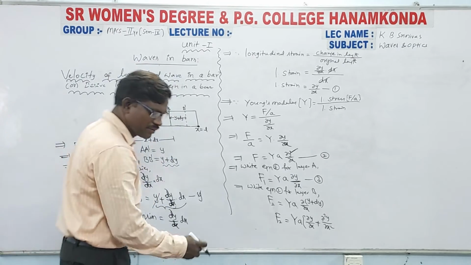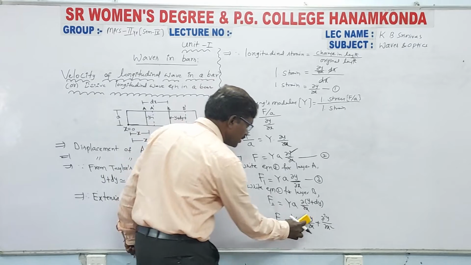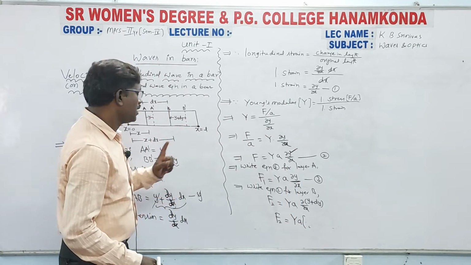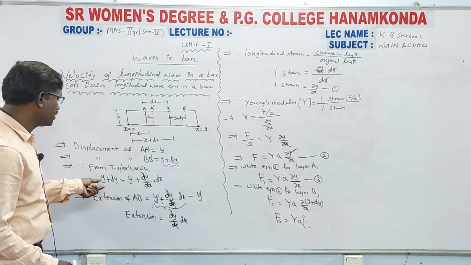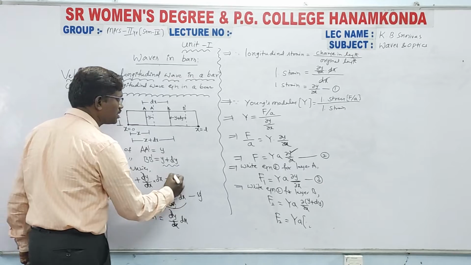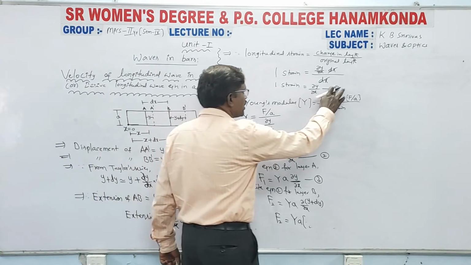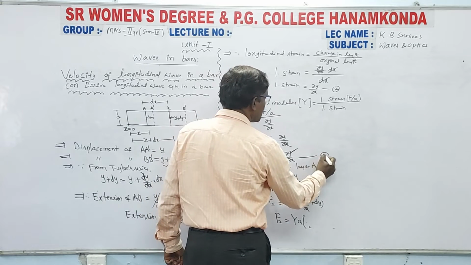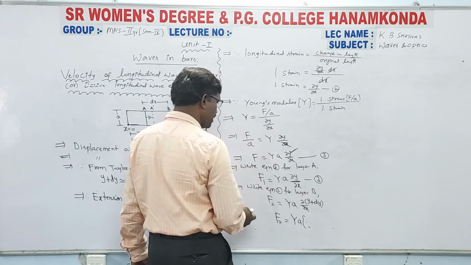What is y plus dy? Before that we have to substitute y plus dy. Already I have calculated y plus dy by using this Taylor series. Just to give numbers, let this Taylor series be 1, this longitudinal strain be 2, and I am changing the equation numbers. Let this be 3.